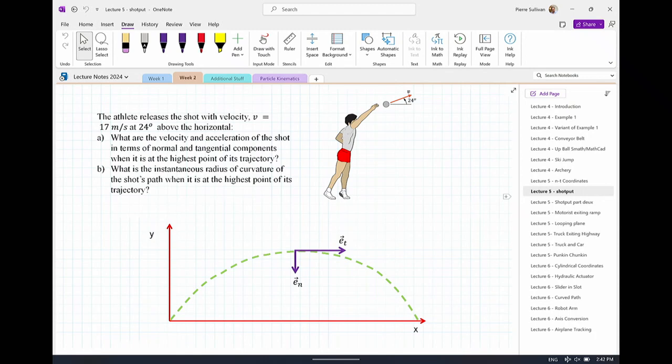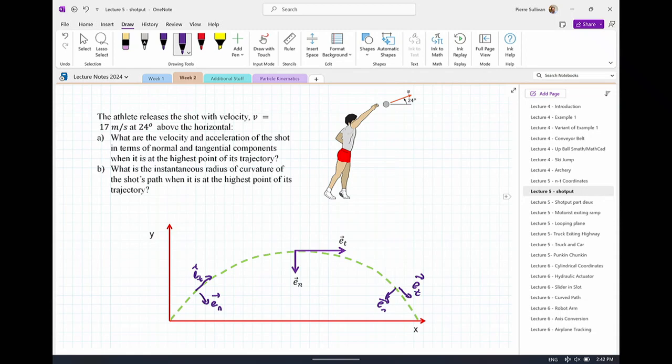So remember that normal tangential components look like this. They go in towards the center of curvature and in towards the center of curvature. But the acceleration that this ball is undergoing is still g.